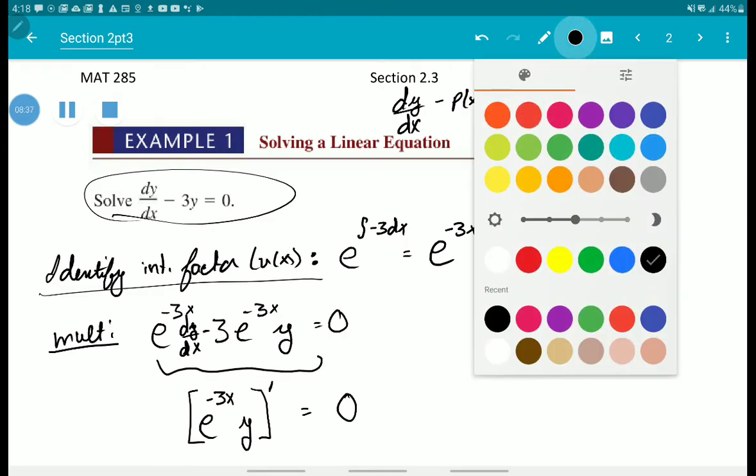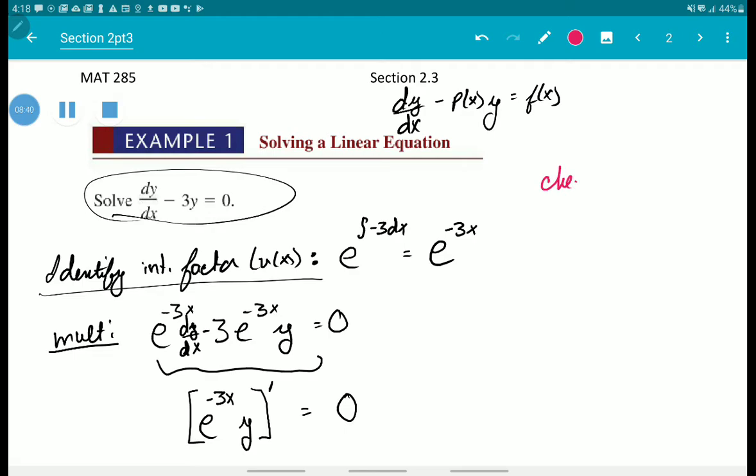Now, this is a great place to check your work. Because for this to be a true statement, the derivative of e to the negative 3x times y has to equal that line above. If it doesn't, then there is something wrong in your problem somewhere. Remember, the notation means you want to take the derivative of what's inside. That would be a product rule.